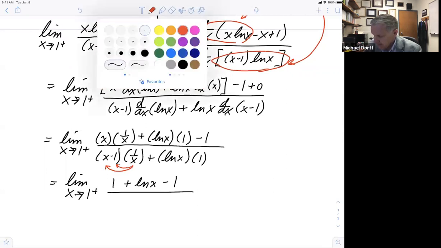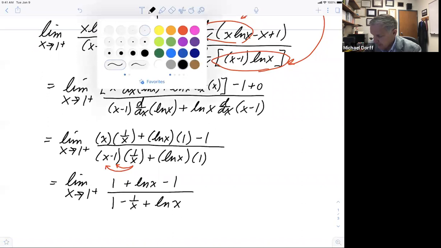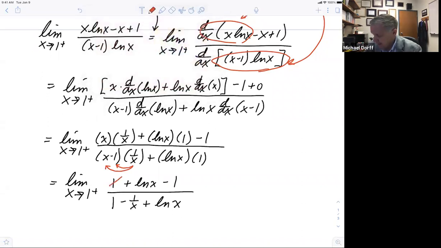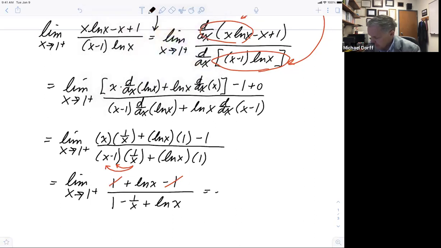That gives me x times 1 over x is 1, 1 over x times negative 1 is negative 1 over x, plus natural log of x. I can also notice that this 1 and negative 1 in the numerator cancel out. So if I wanted to, I could rewrite this a little bit cleaner as the natural log of x on the top over 1 minus 1 over x plus natural log of x.